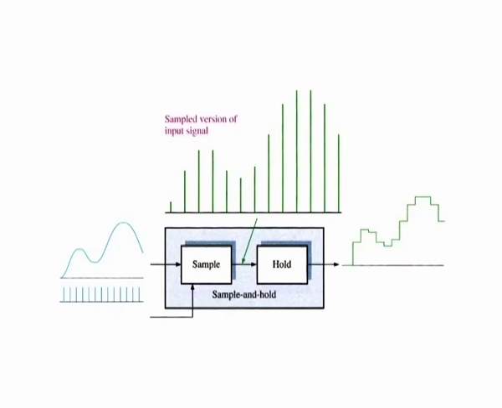After filtering and sampling, the sampled level must be held constant until the next sample occurs. This is necessary for the ADC to have time to process the sampled value. The sample and hold operation results in a stair-step waveform that approximates the analog input waveform.